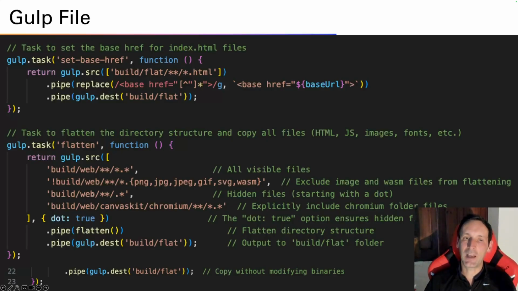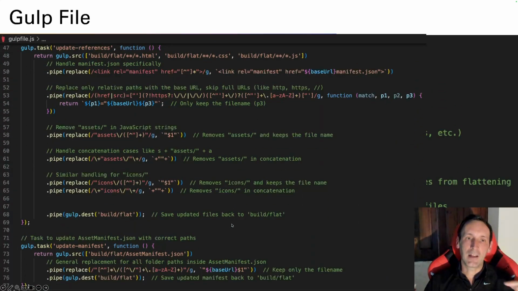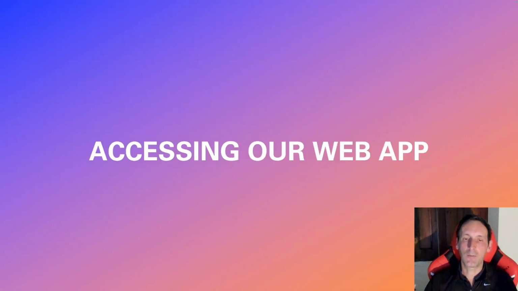So it's basically saying when you flatten, don't really take the binaries. We'll do the binaries separately. And that's why you see that exclamation mark there. And that's why you saw that I had the copy binaries as a separate task, right?